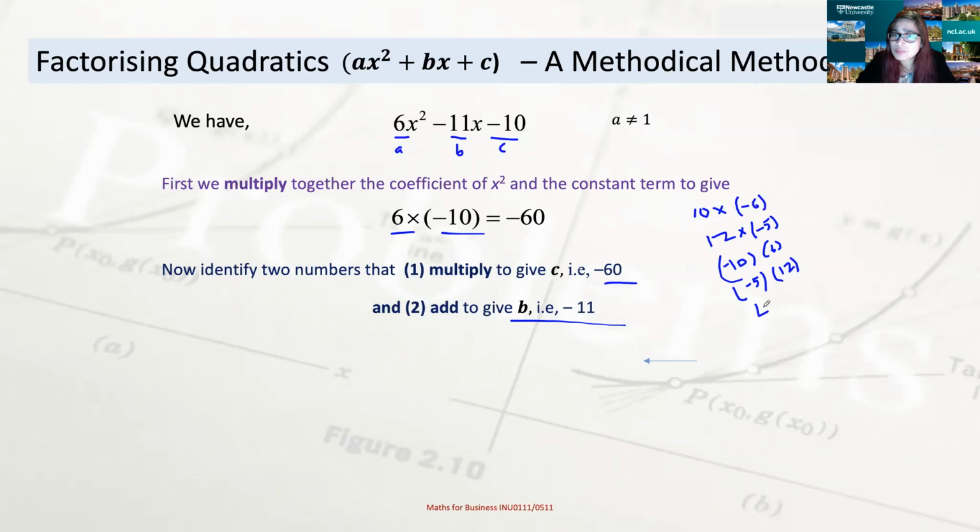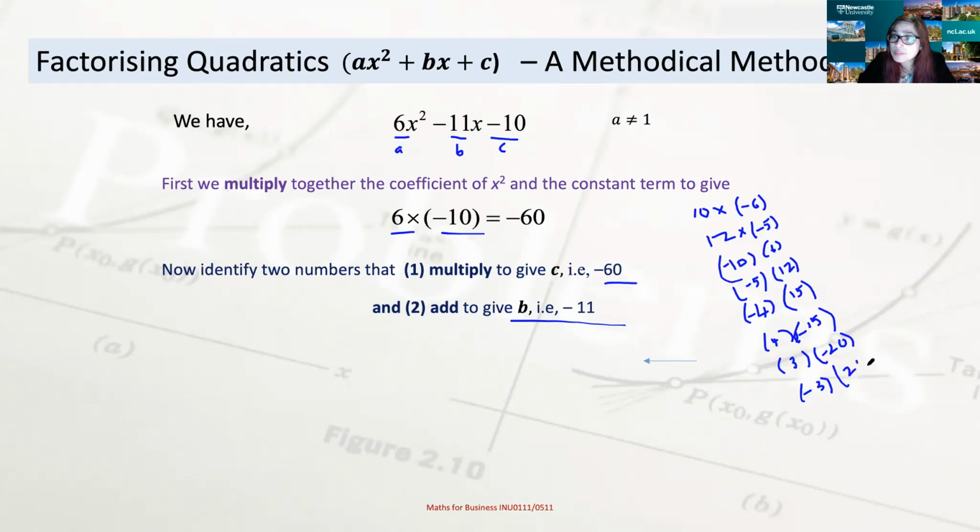And I can do it with 4 also, isn't it? 4 times minus 15. And it goes on actually. Then I can do it with 3. 3 times minus 20, and minus 3 times 20.